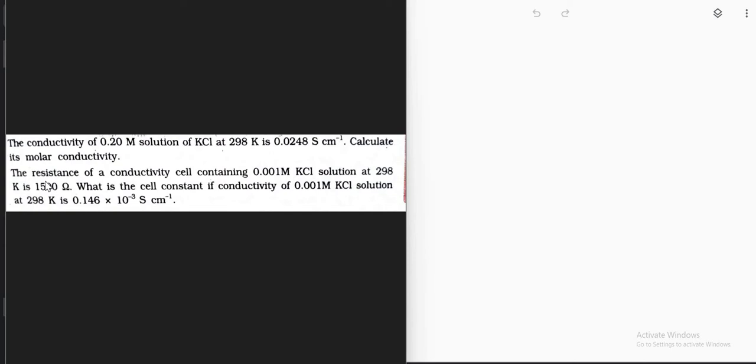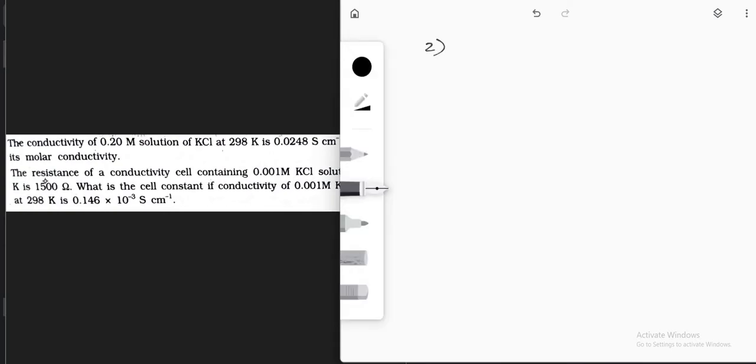How to proceed with this? For this, first of all, you must know what is meant by conductivity cell. What is a conductivity cell? Students, observe carefully. A conductivity cell is a type of apparatus where the electrodes are fused in the apparatus. Just for understanding purpose, let me draw like this.